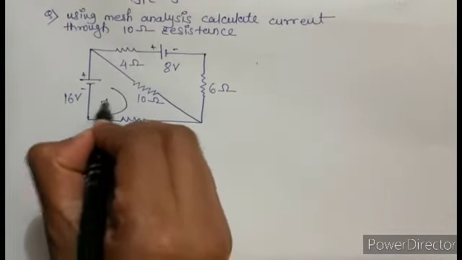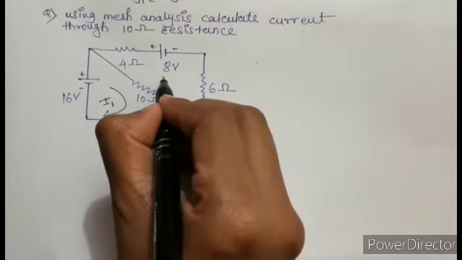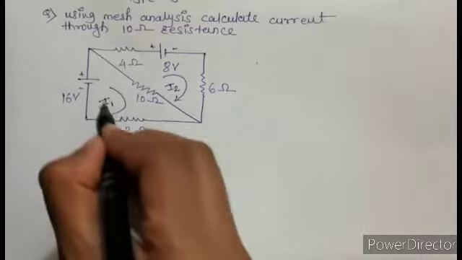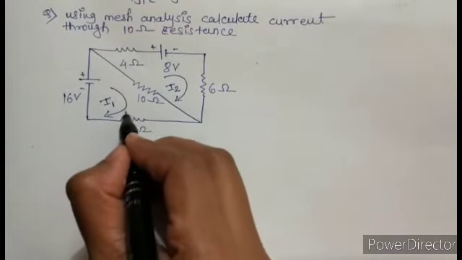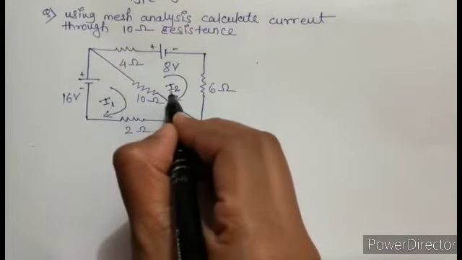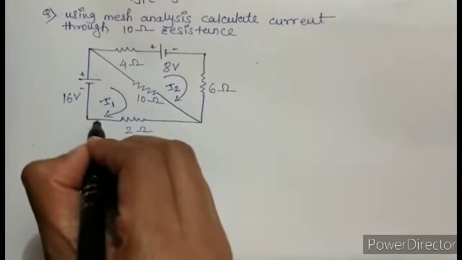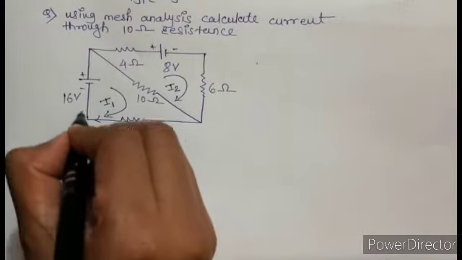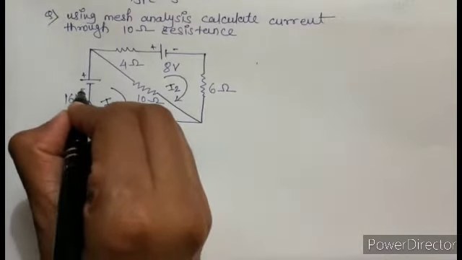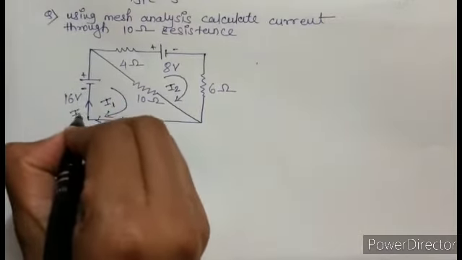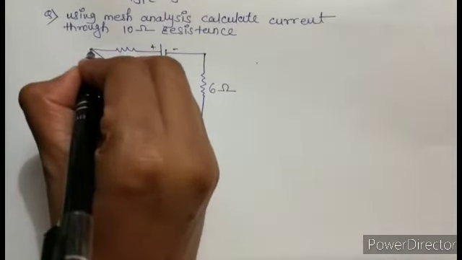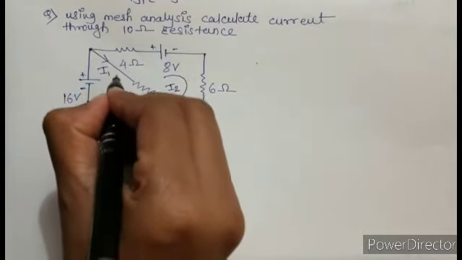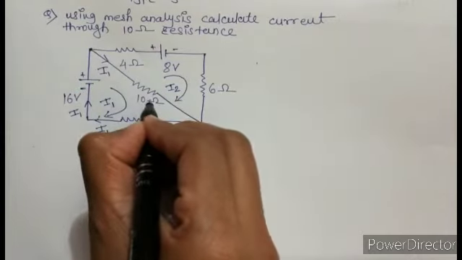This is our loop number 1, I1, and this is our loop number 2, I2. Before solving this circuit, first flow the loops I1 and I2 in the whole circuit. Here current I1 starts flowing from here, then enters from the minus 16 volt, and due to this node the current is diverted and flows through the 10 ohm resistance.